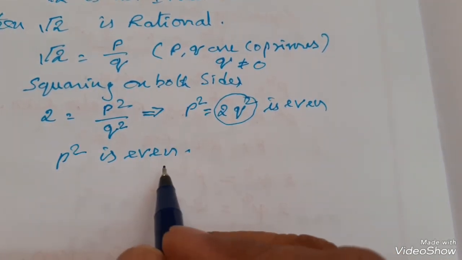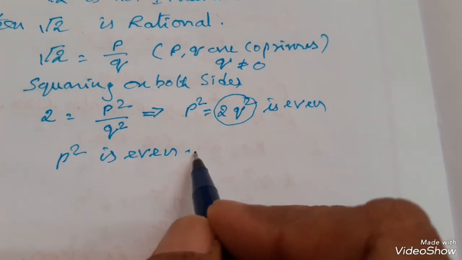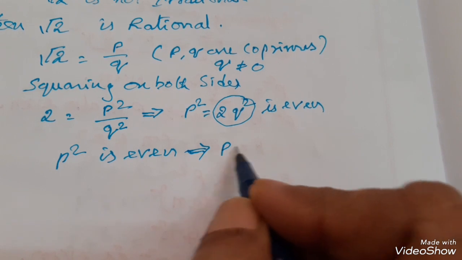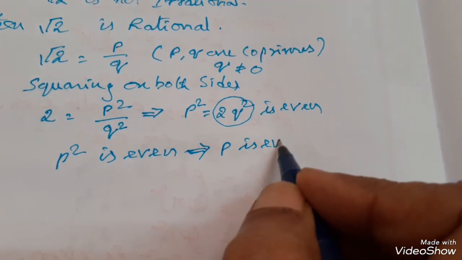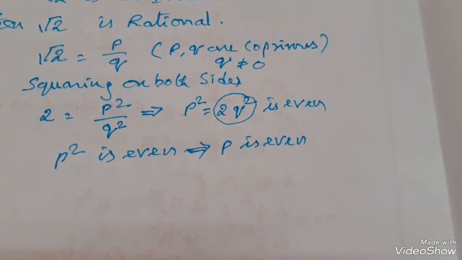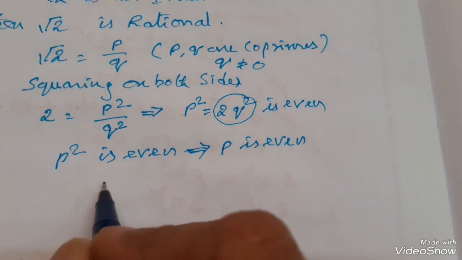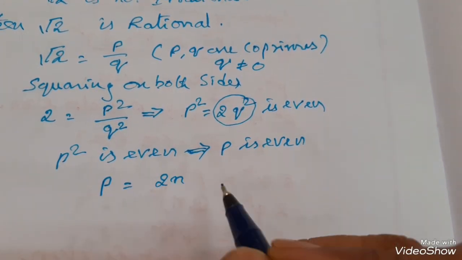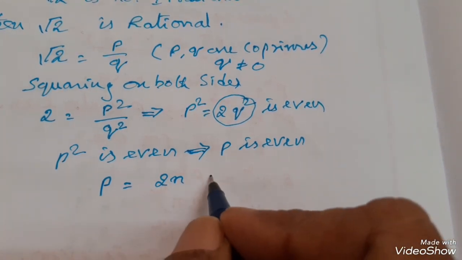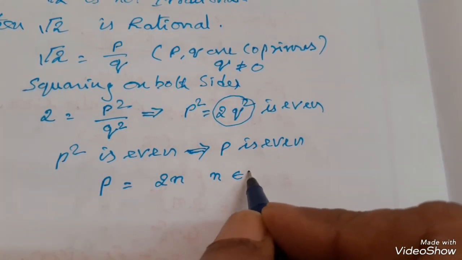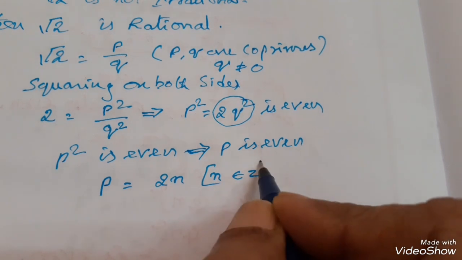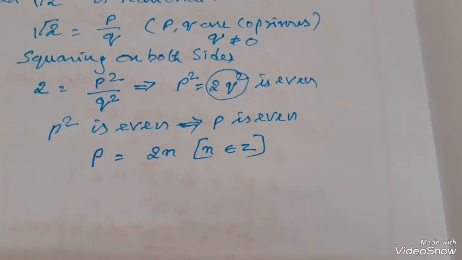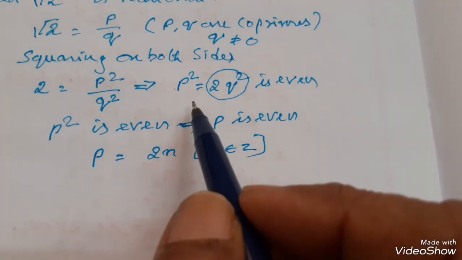When p square is even, we can say p is also even. We know any even number is in the form of 2n, where n belongs to Z. Any even number we can express in 2n form.